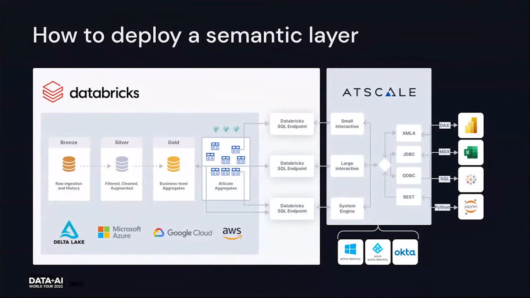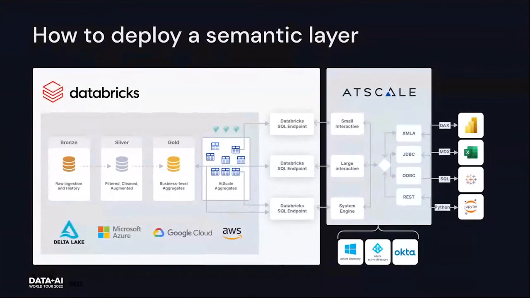So where the semantic layer fits in, this is a picture of what AtScale is. It fits in between the data lake and the consumers. So now the semantic layer, as you can see over here on the right, the different tools are connecting and talking to the semantic layer using their respective protocols.